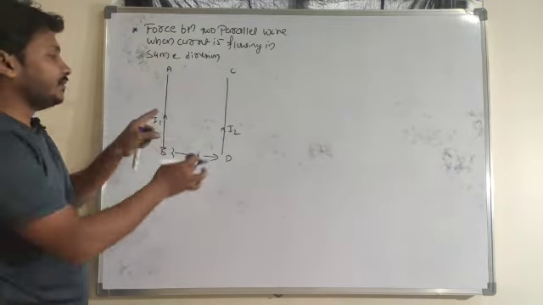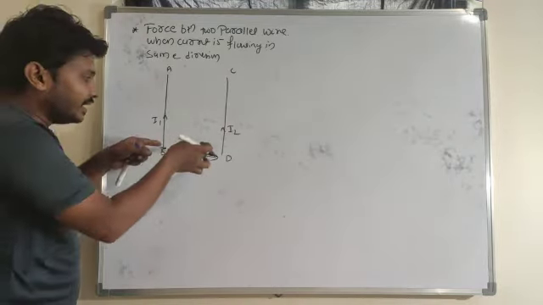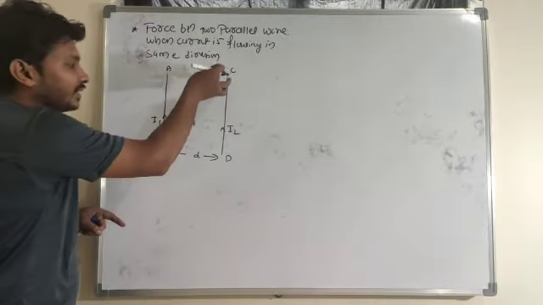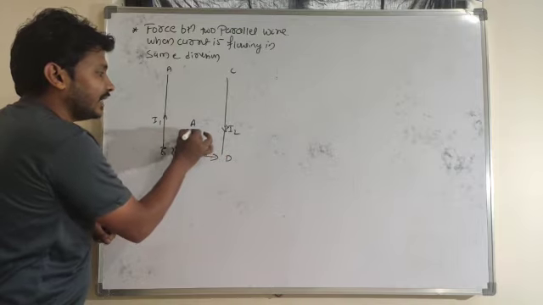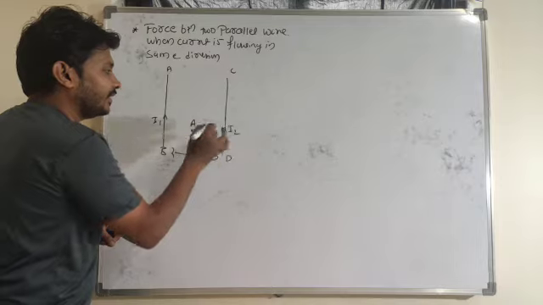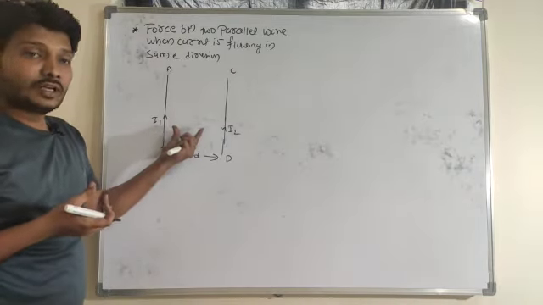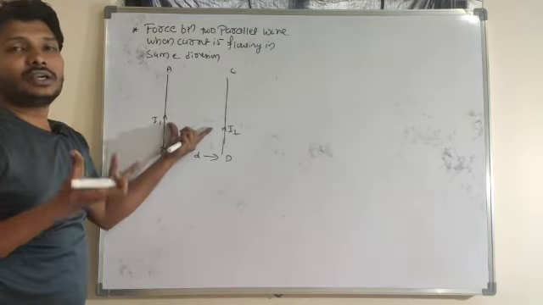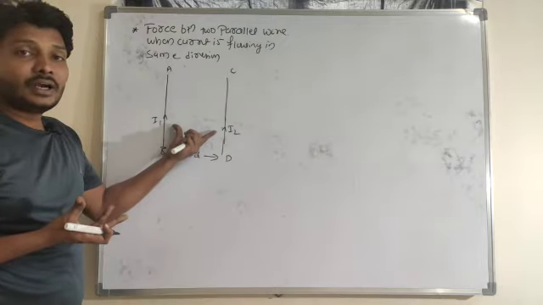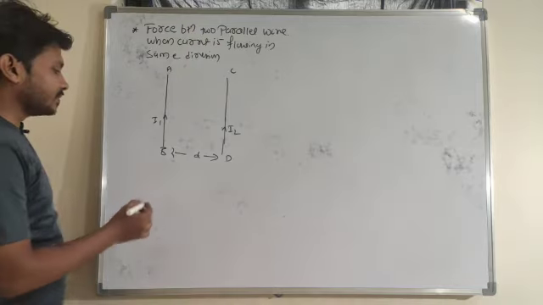In this situation, is there an attractive force or a repulsive force between the two wires? If the current is flowing in the same direction, there will be an attractive force. If the current is flowing in the opposite direction, there will be a repulsive force.